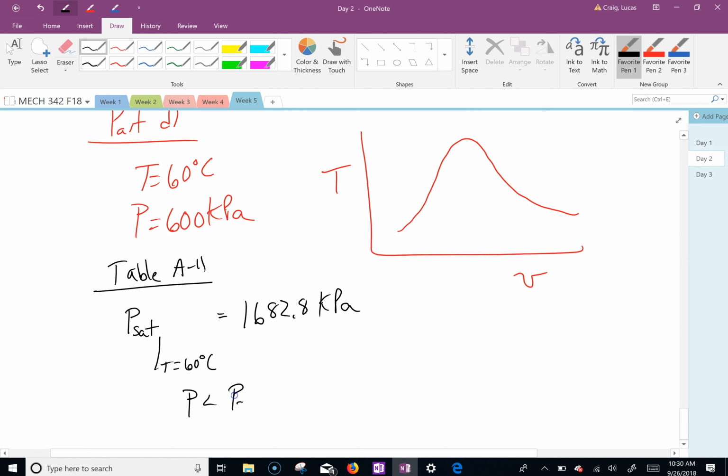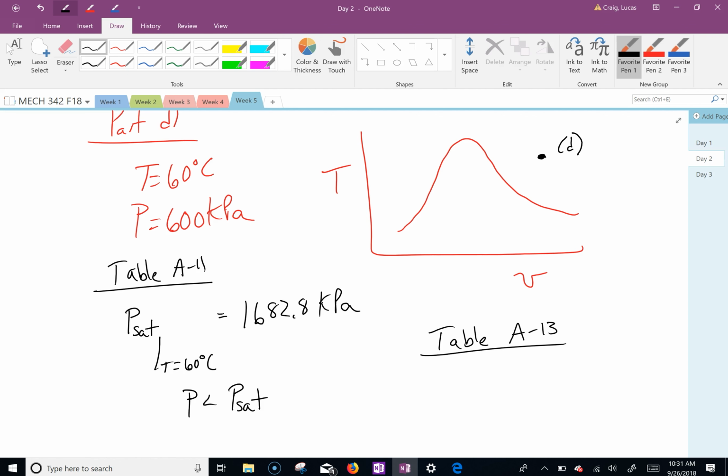P is less than P sat. So this means we're way out here somewhere. So now we have to use table A13. That is the table used for superheated values for refrigerant.